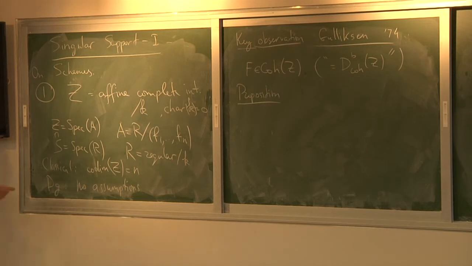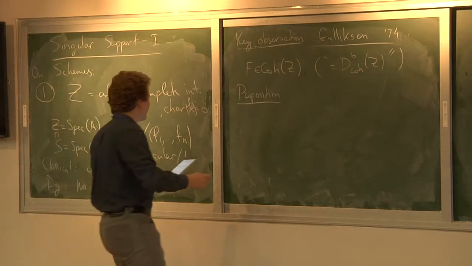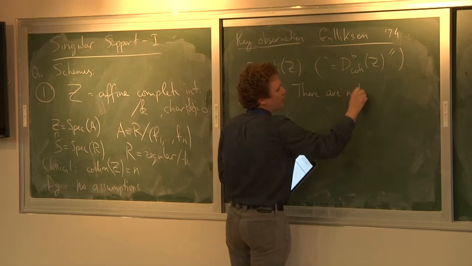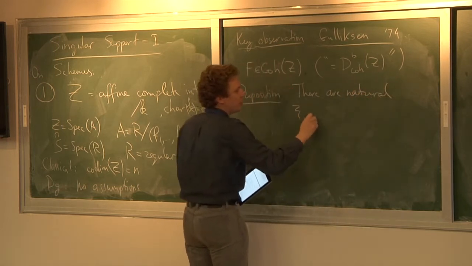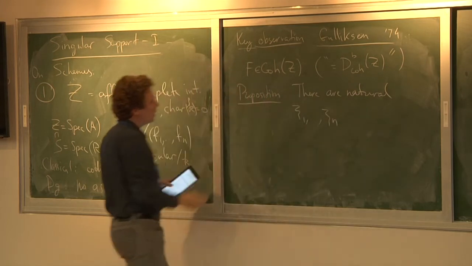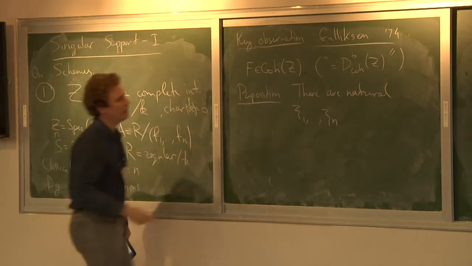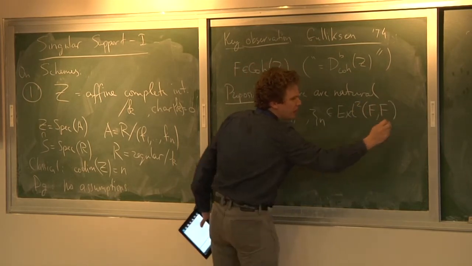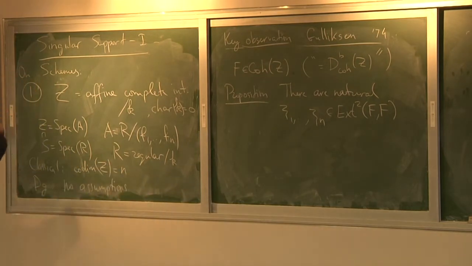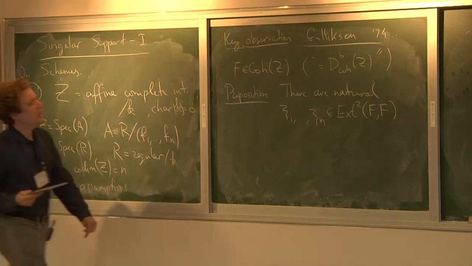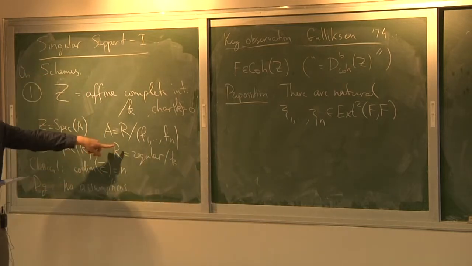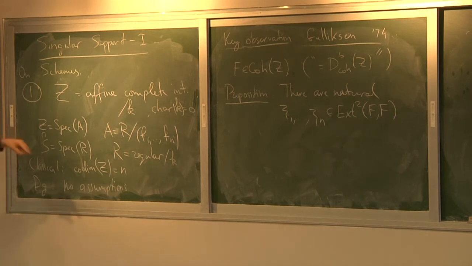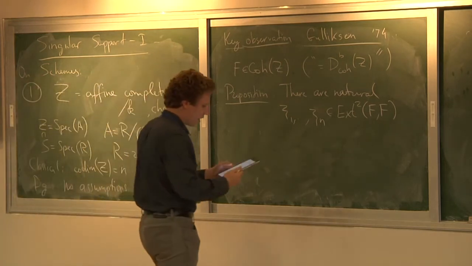But if you think about higher cohomological degrees, there are actually natural cohomological operations acting on F, but they have cohomological degree 2. So they sit in Ext^2 from F to itself. And in fact, there are as many as there are equations, so in this case, n. And moreover, they all commute.